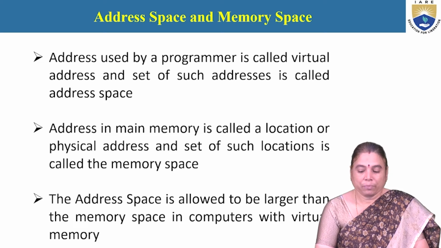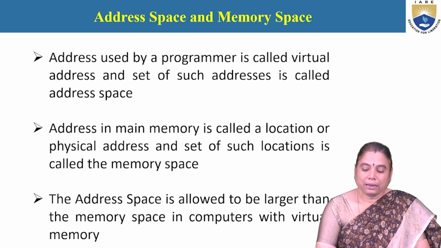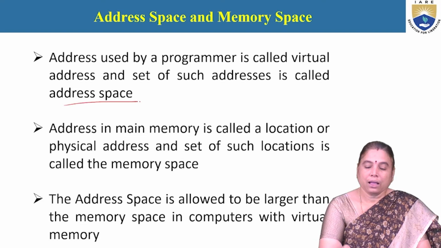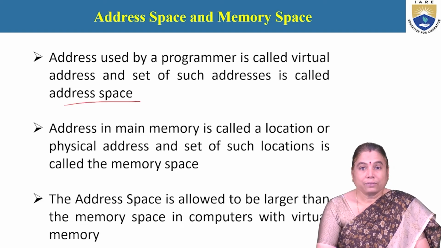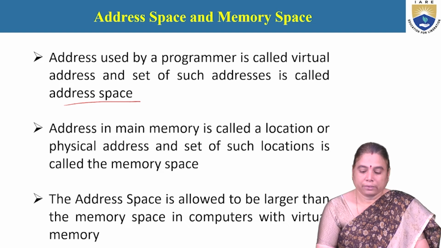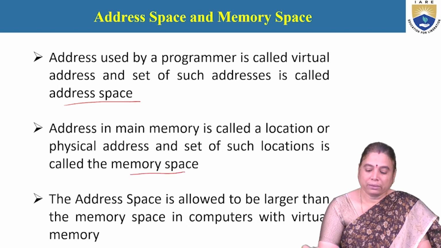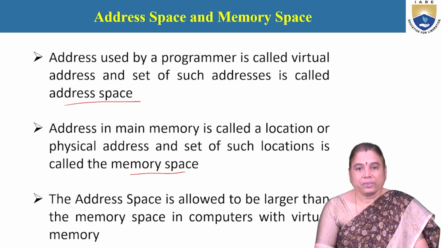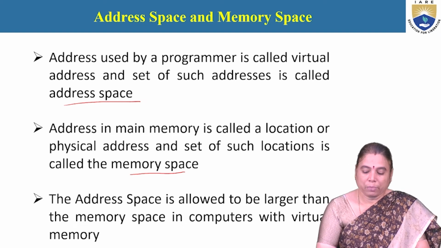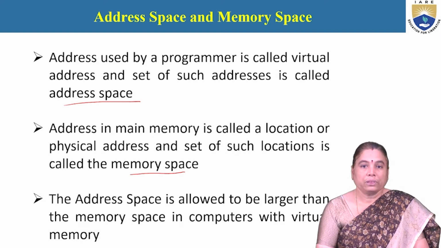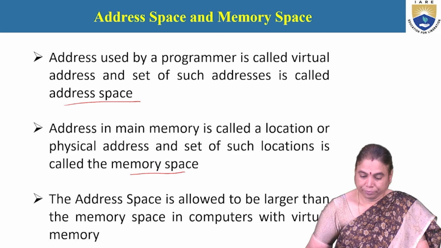Addresses used by the programmer are called virtual addresses, and the set of such addresses is called the address space. Addresses used by main memory are called physical addresses, and the set of such locations is called the memory space. Address space is allowed to be larger than the memory space in computers with virtual memory.